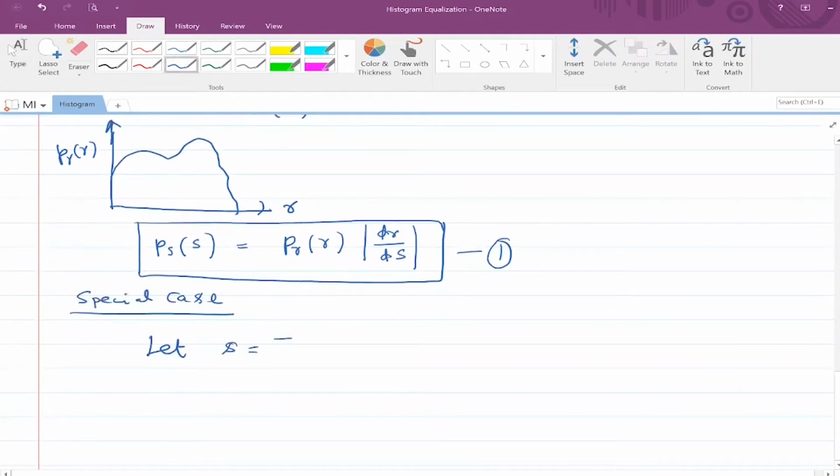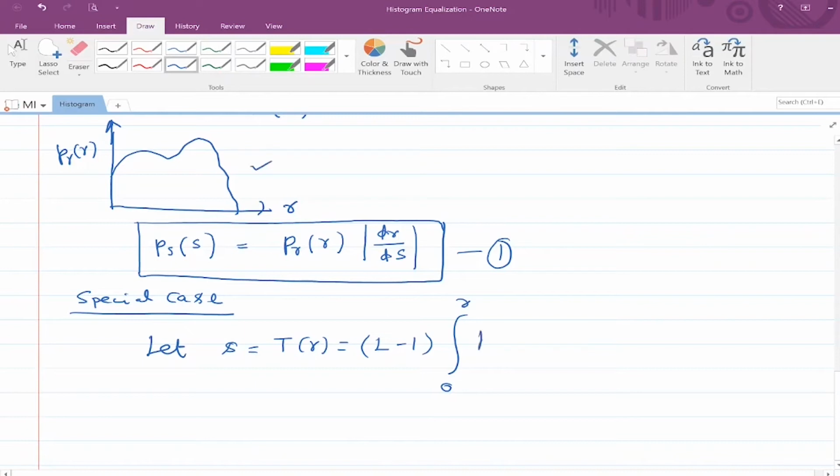Now let's start with a special case. Let the function s, which is transforming r, be L minus 1 multiplied by the integral from 0 to r of the probability density function that you see here.